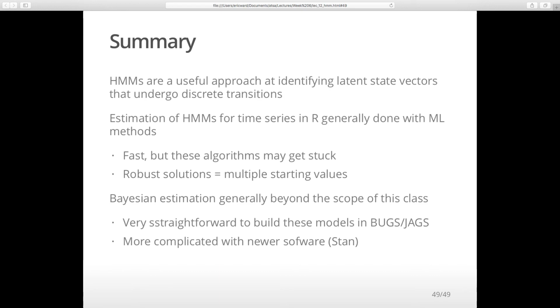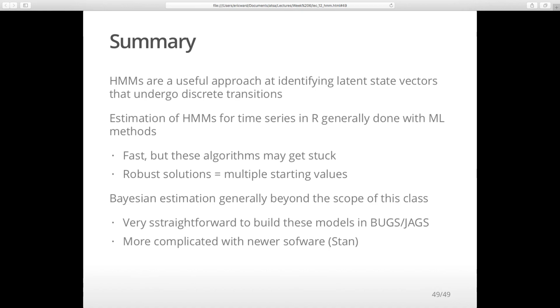These are really fast, but occasionally, as we've illustrated, the algorithms can get stuck or they can depend on initial starting values. The workaround for this is to work with multiple starting values and initialize the estimation from a large number of different starting spots.